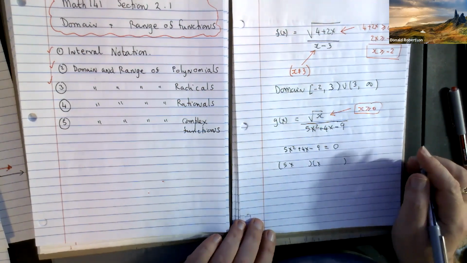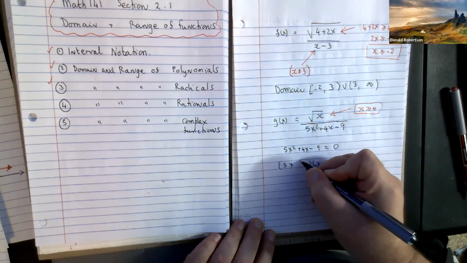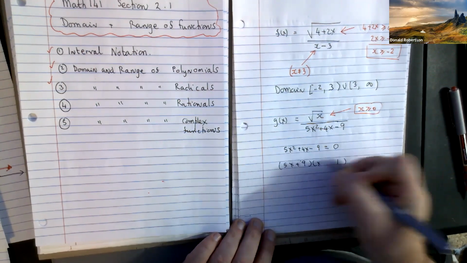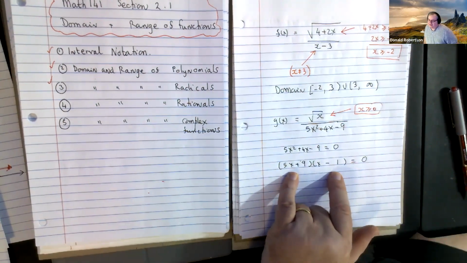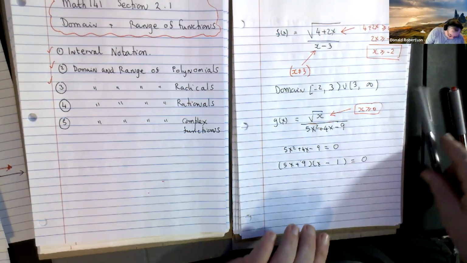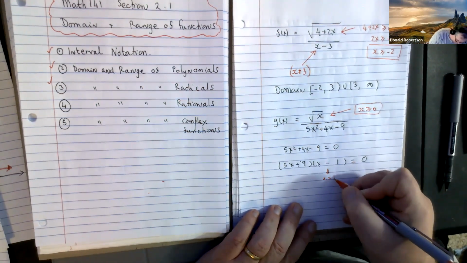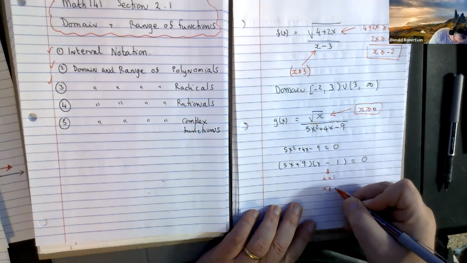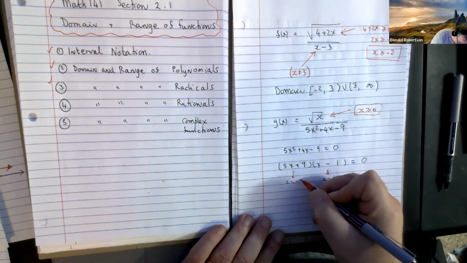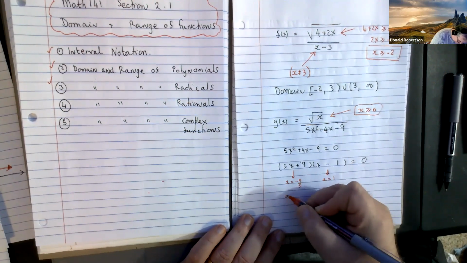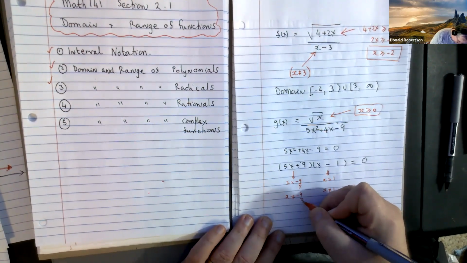Can you trust me that that's how it factors? Which means x equals 1, and you're not allowed that, so x is not equal to 1. And this one is x equals -9/5, and that means x is not allowed to equal -9/5.